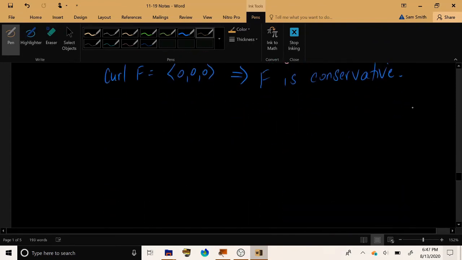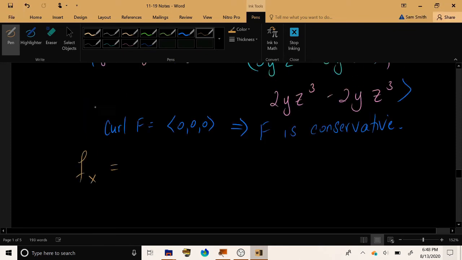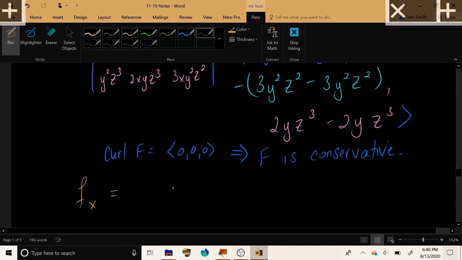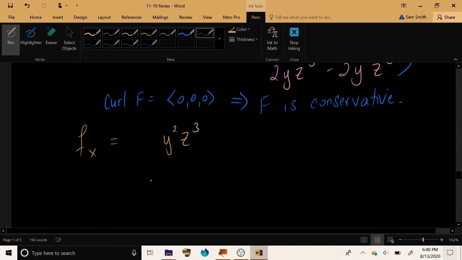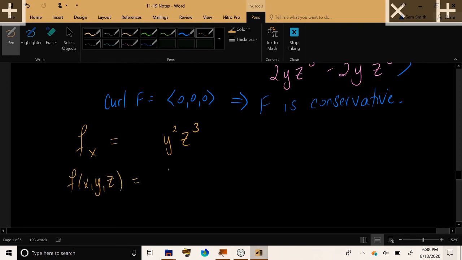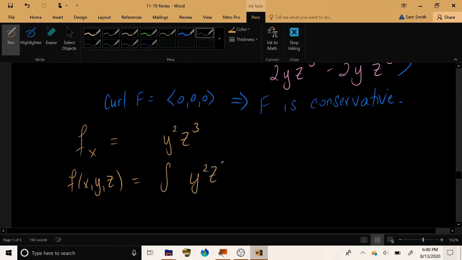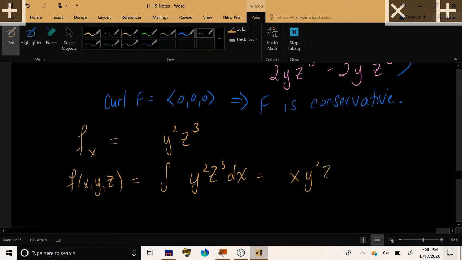Okay, so if I take the x-coordinate of the vector field that I am given, which is y squared z cubed, that must be equal to the partial derivative with respect to x of the potential function. So if I undo that with a partial integral, then I will get xy squared z cubed, but I will also get some constant term.